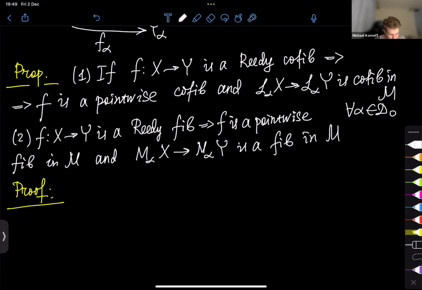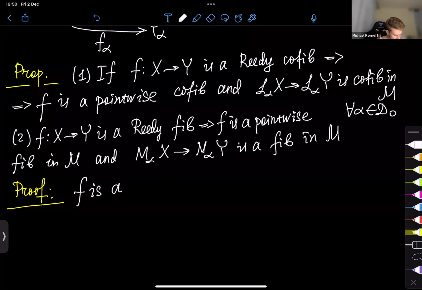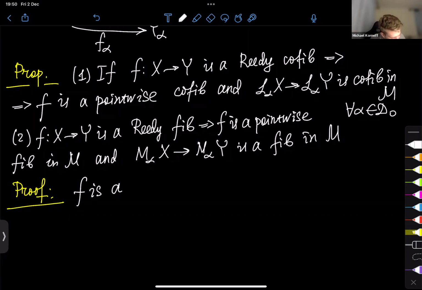The proof is also easy. We know that F is... of course, we will prove the first statement. The second one is similar.